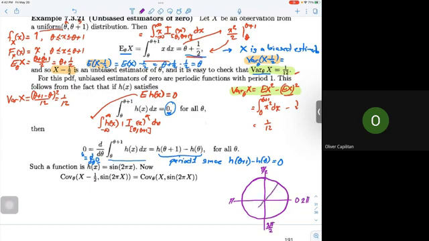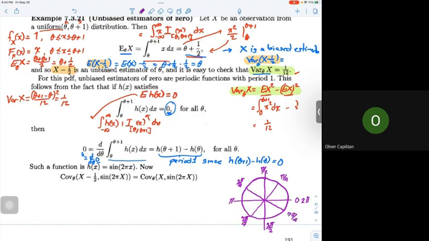If we divide it into 8 parts, we have 0 over 8 pi, then 1, so pi over 4 radian, 2 pi over 4, that's pi over 2, then 3 pi over 4 radian, 4 pi over 4, then 5 pi over 4 radian, and then 7 pi over 4 radian.